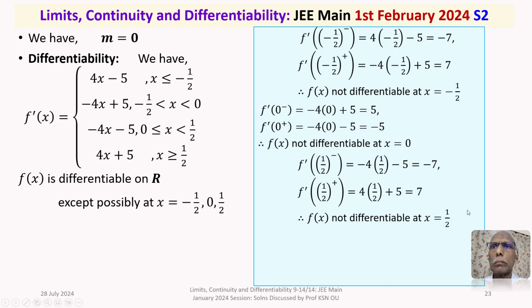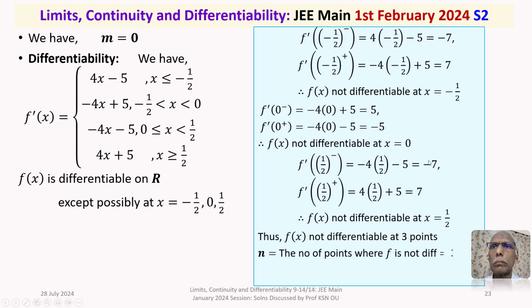So, summarizing all this, f of x is not differentiable at 3 points. What are those points? x is equal to minus 1 by 2, x is equal to 0, x is equal to 1 by 2. n, it is given to us, the number of points where it is not differentiable, they are 3.